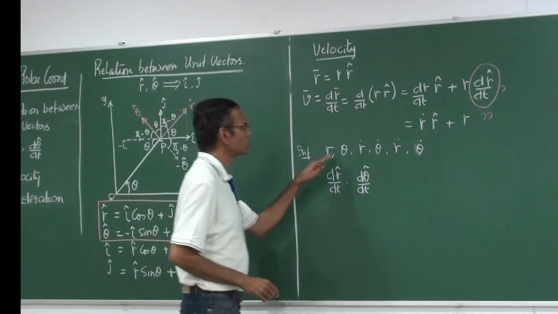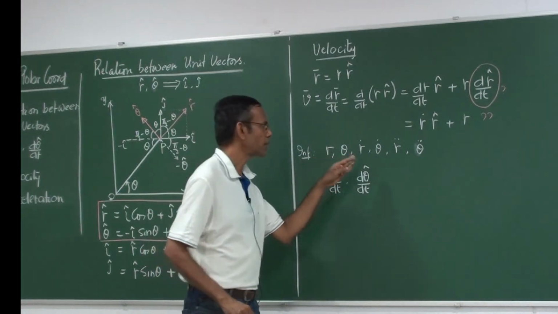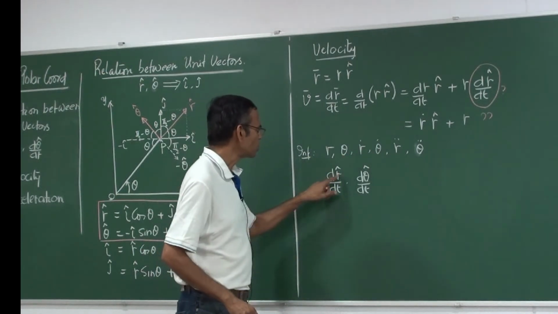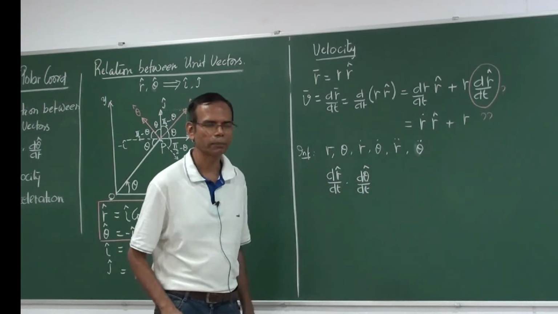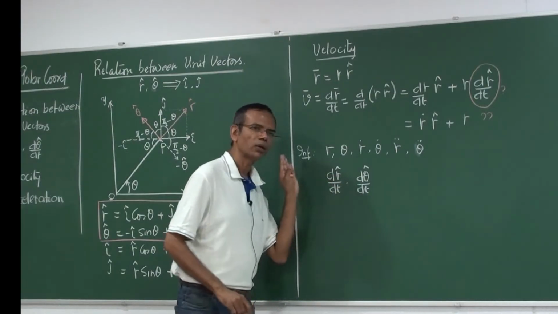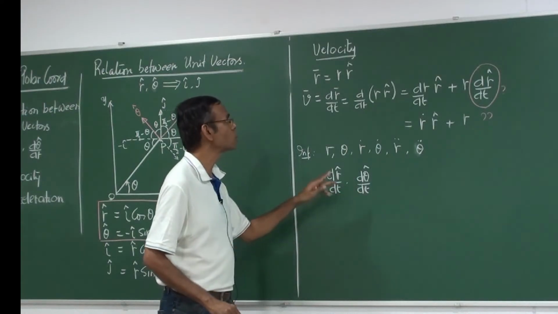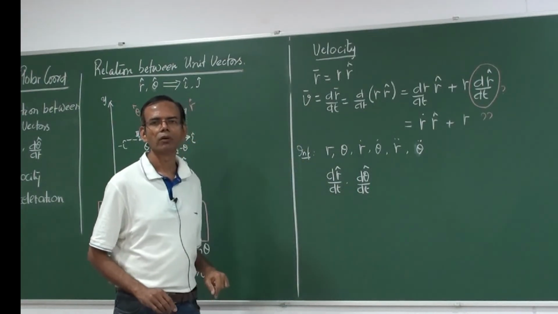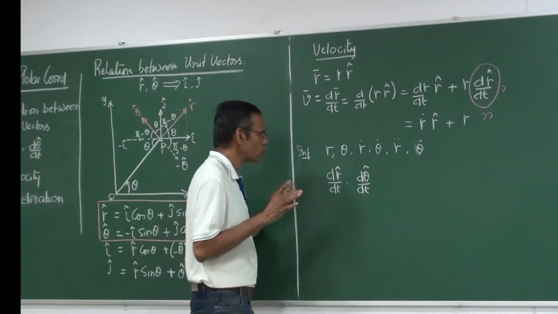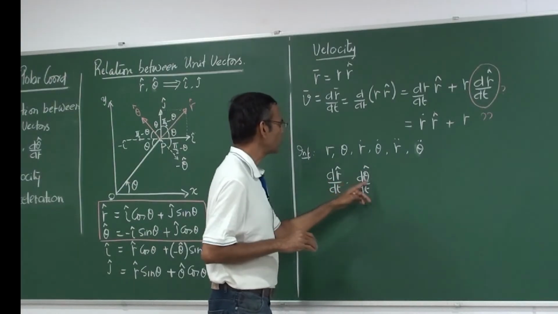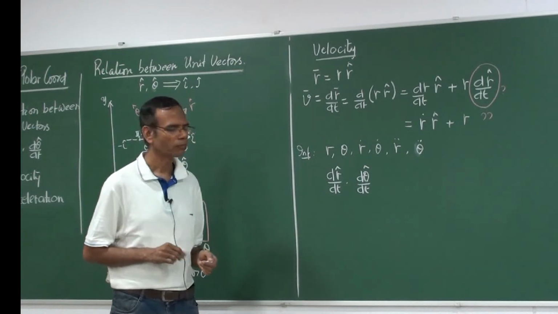Obviously, these quantities r dot, theta dot, I can easily write and calculate. But r cap is changing and theta cap is changing with time. So I cannot calculate the velocity vector unless I first calculate these two quantities. I am not equipped with my tools or expressions. So first of all, I have to calculate these two quantities. Otherwise, I cannot calculate velocity. So, let us rub it out.